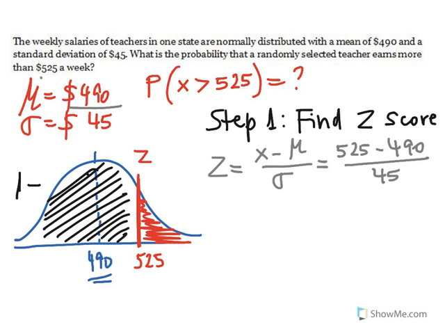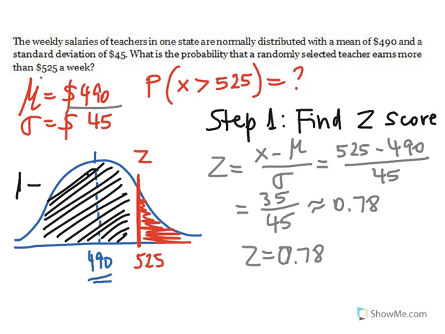So the z now will be equal to 35 over 45, and that's going to be equal to 0.78. So the z-score is 0.78.